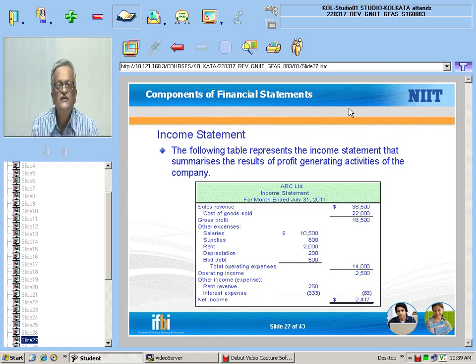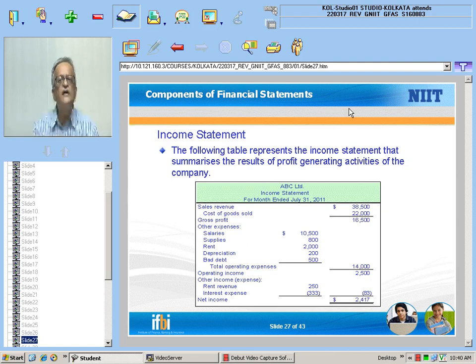Other expenses, salary, supplies, rent, depreciation, bad debt, this is the total operating expenses, 14,000. If you reduce 16,500 from 14,000, operating income comes to 2,500. Other income or expense, rent revenue 250, interest income 333. So net is minus 83. So the net income that you get is 2417.